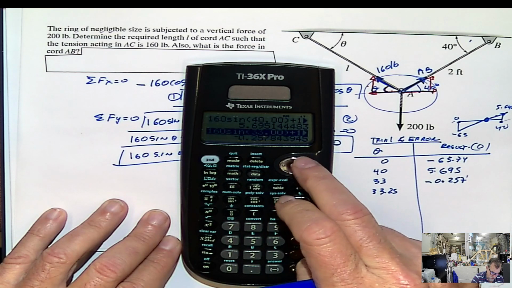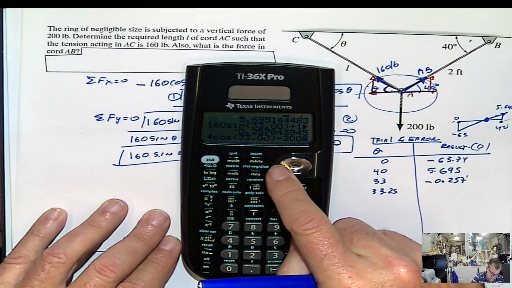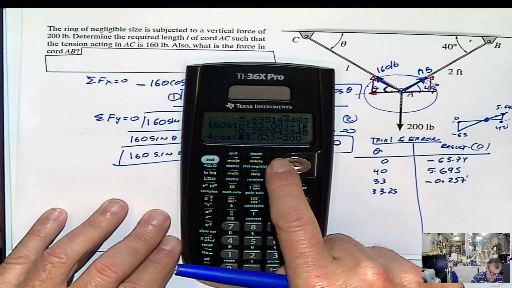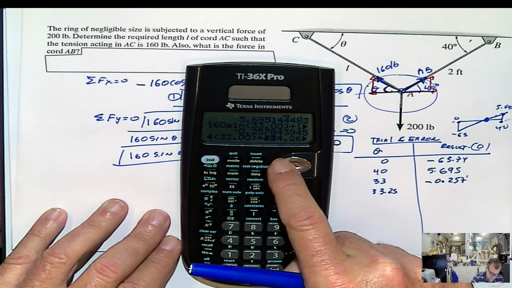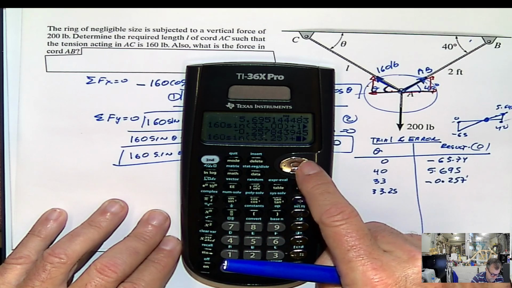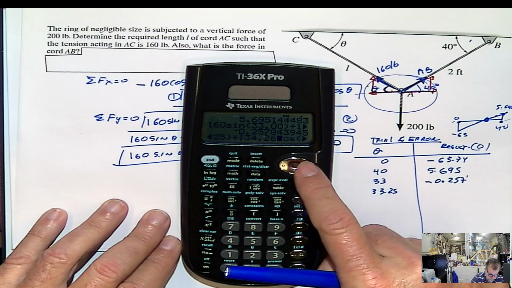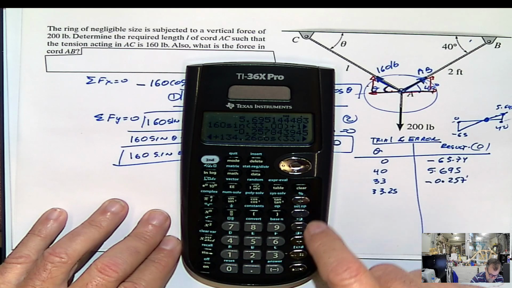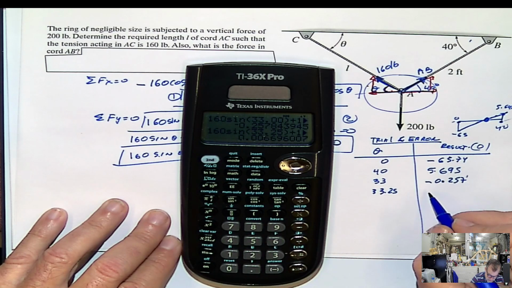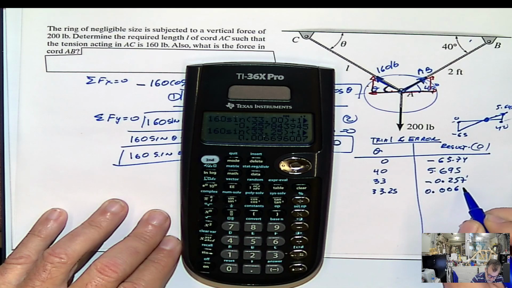I substitute these values here and I get 0.0067.